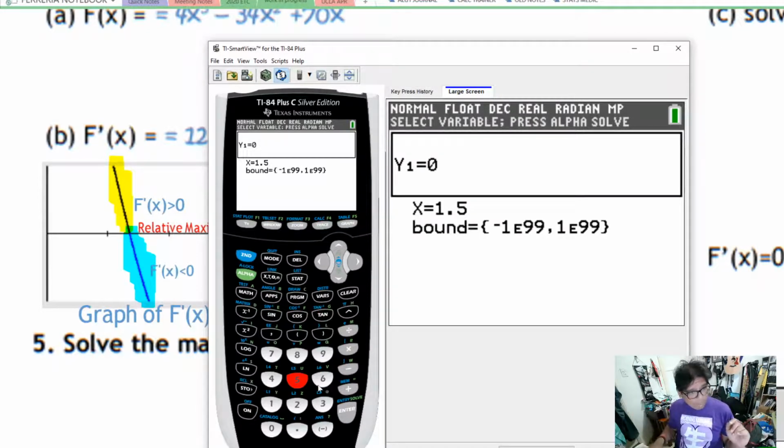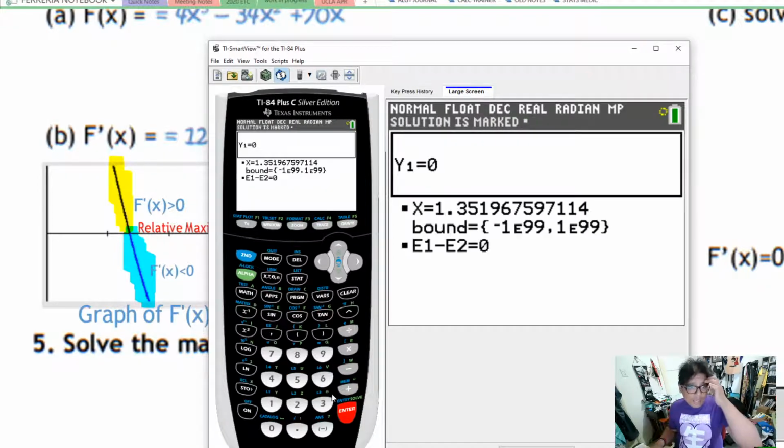Take a guess of 1.5, and then to make it solve, you need to push alpha and then enter. And that's going to go ahead and give me the correct root when y1 is equal to 0. Up over here in the window, it tells you what you're solving. You're solving y1 equals 0.